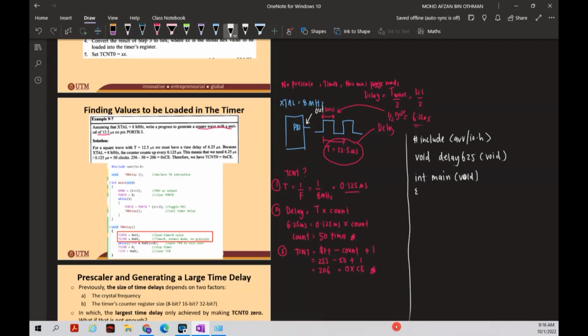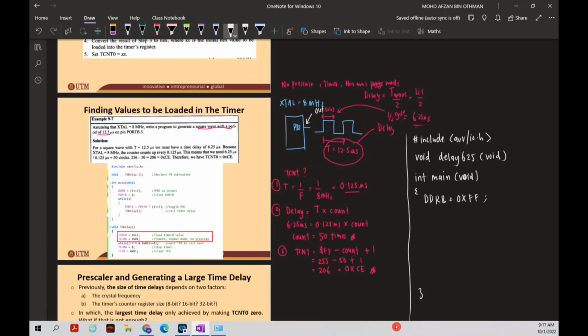First, we need to initialize the input output port of ATmega32. Since this one here is on port B, which is PB3, you're going to make it as an output port. You can simply write DDRB equal to 0xFF, which means you make the whole port B an output port.